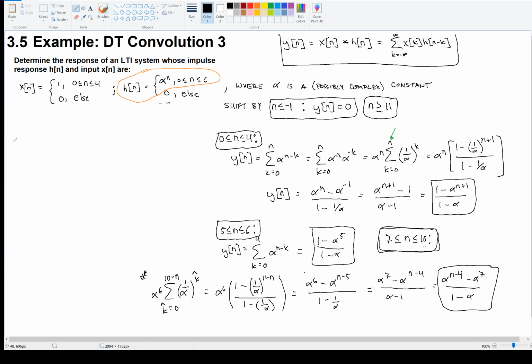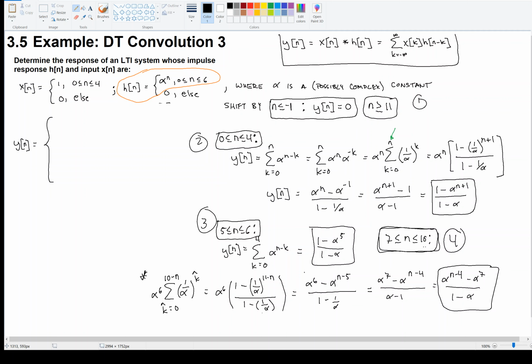Okay, the solution. The convolution of x with h is a piecewise, and it has 1, 2, 3, 4 pieces. We'll save the y equals 0 part for the last.